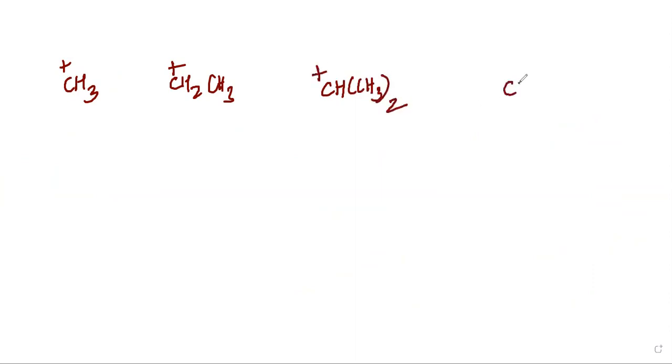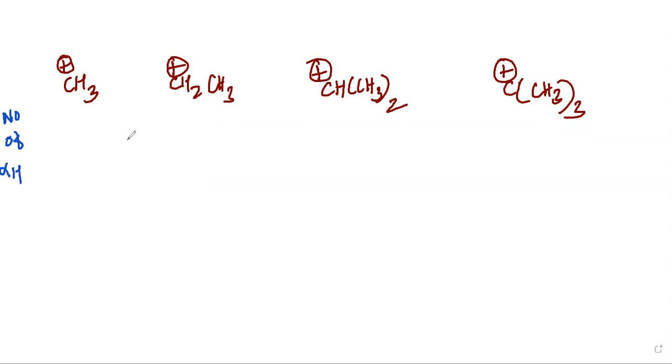And then you have CH3 thrice plus. Can you tell me the number of alpha hydrogen present in this carbocation? Can you tell me how many number of alpha hydrogen present over here?